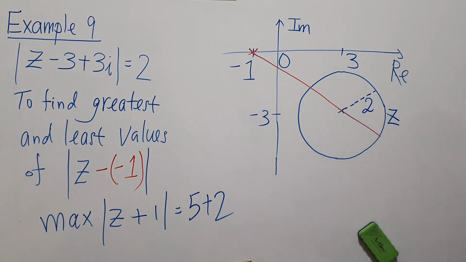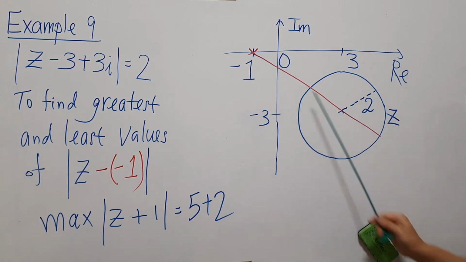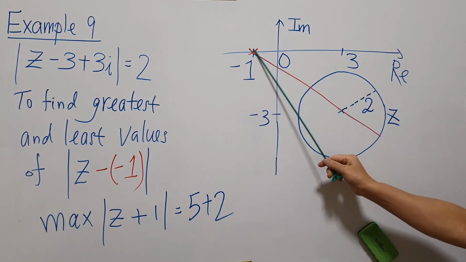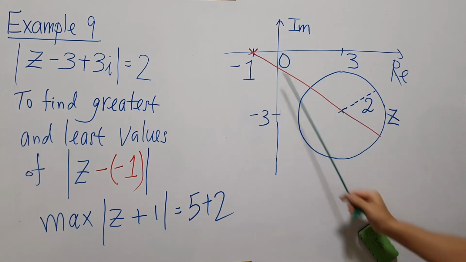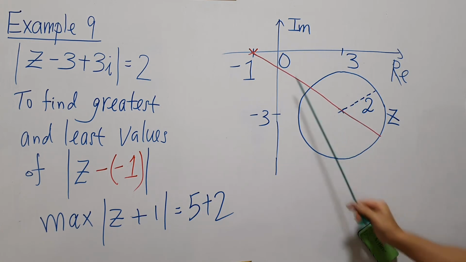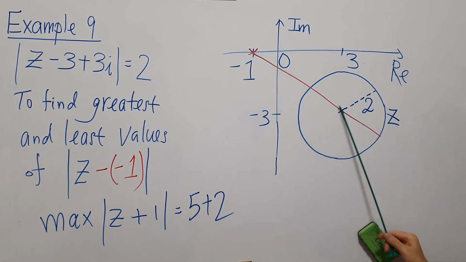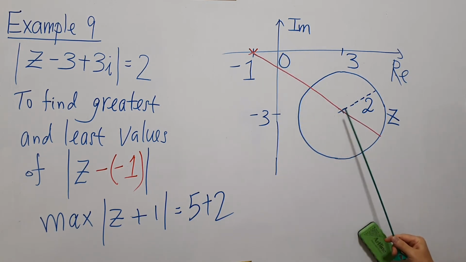Why is it 5 plus 2? You want to know that from this point to the center, it is the case of 4 by 3. 4 by 3 gives you a distance of 5. This is 5, then plus another radius which is 2, so it's 5 plus 2, which is 7.